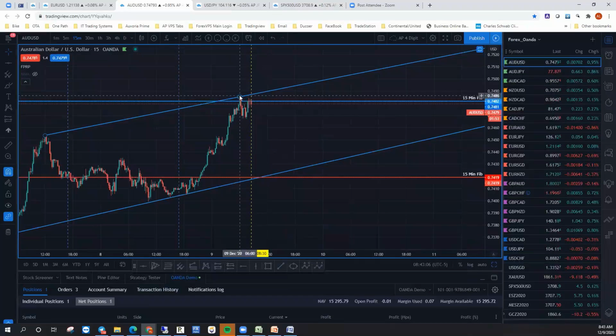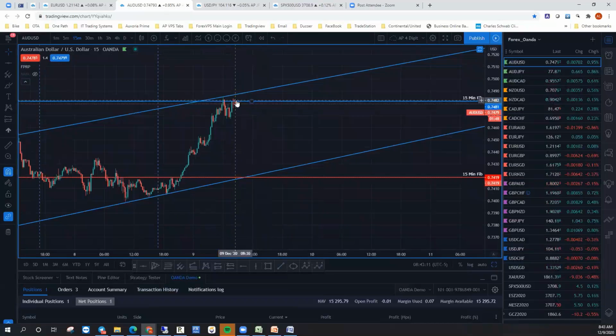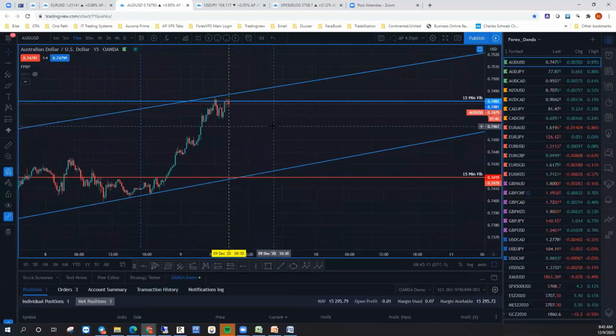We'll see it kind of passed it, checked it, came back down, checked it, came up, checked it. I would be looking at, hopefully, a possible short up in this area.